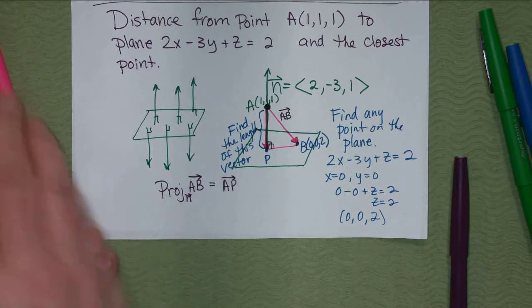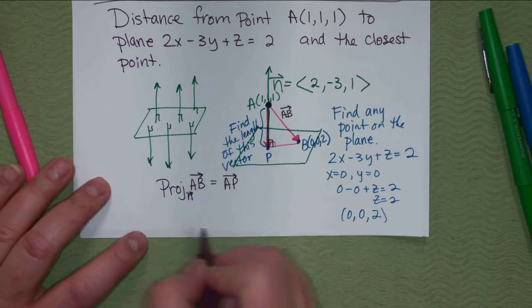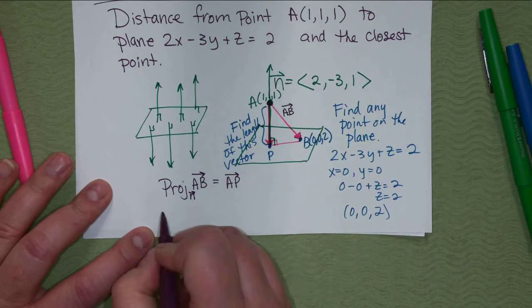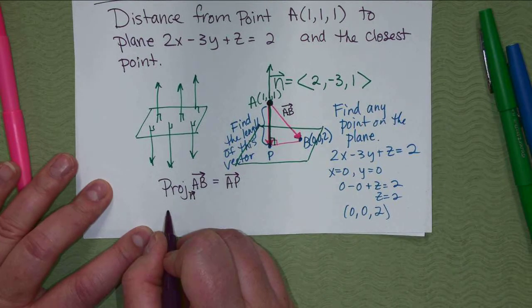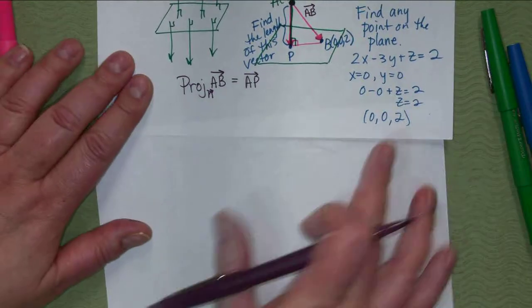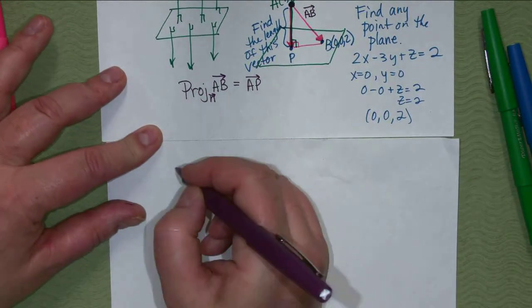Okay, so let's do the projection. So we need to find A, B, and N. So I'm just going to redraw this.